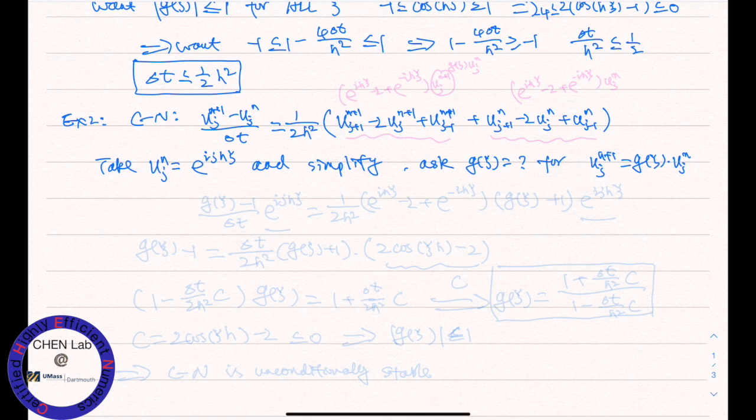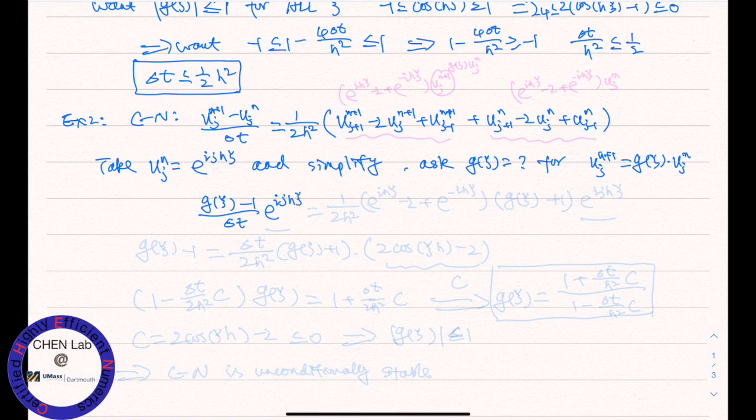We know that we have G(ξ), right? So we cheat a little bit. We're going to solve for this G(ξ). So if we know u_j^{n+1} is G(ξ) times u_j^n, the left-hand side of the equation above is going to be (G(ξ) minus 1) over delta t, times u_j^n, which is e^{ijhξ}.